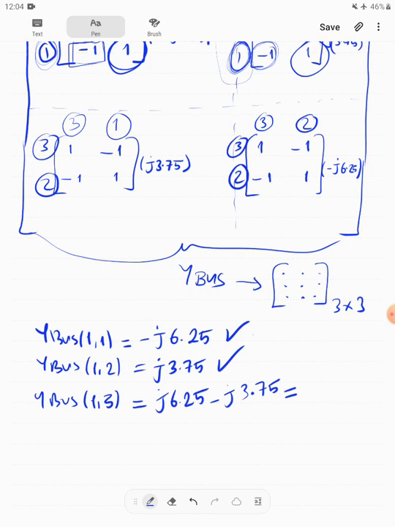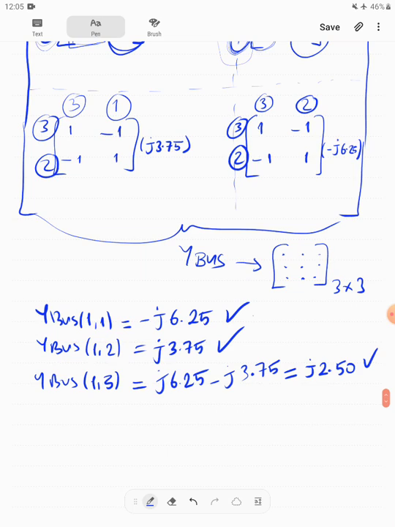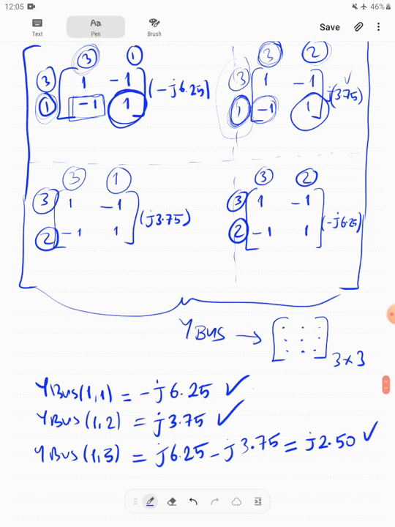And as you see, the answer will be j2.50. j2.50 is the answer. As a first time, I did something not common, because in my larger matrix structure, I found that there is more than one entry whose row number is 1 and the column number is 3.